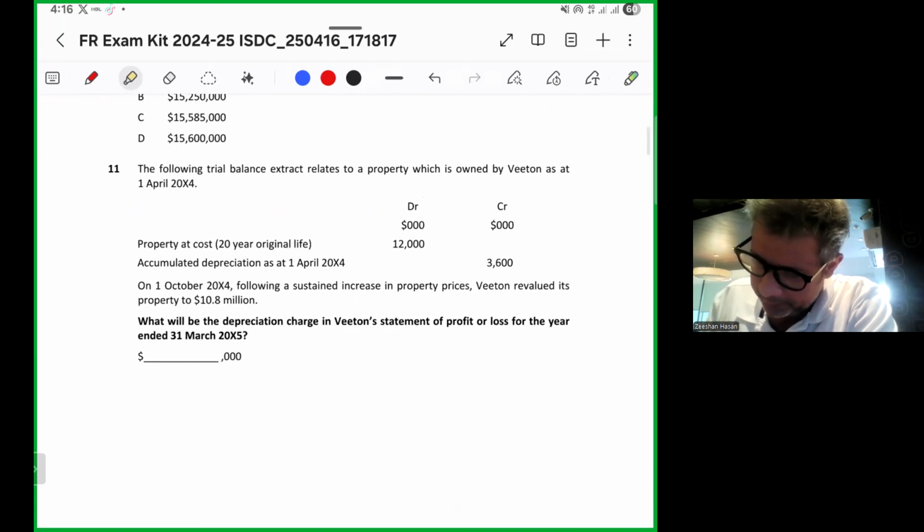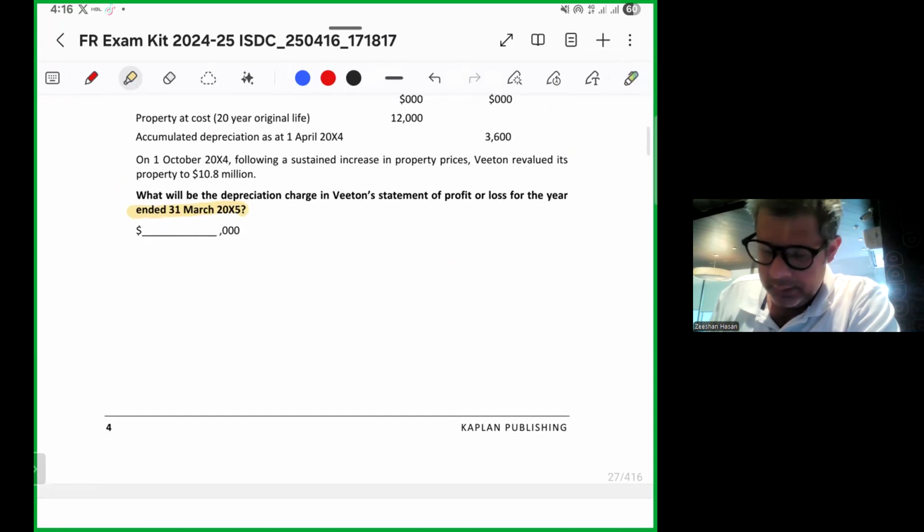So once more, the trial balance relates to the property which is owned by Wheaton as at 1st April X4, and the year end here is 31st March X5. Fine.